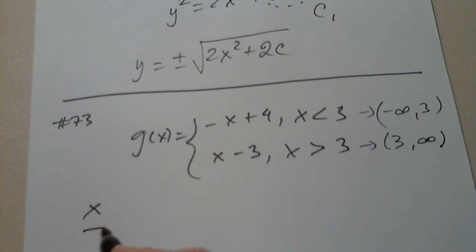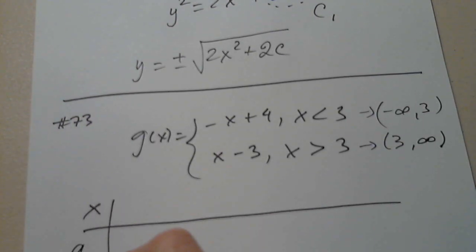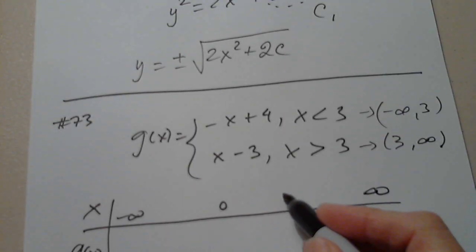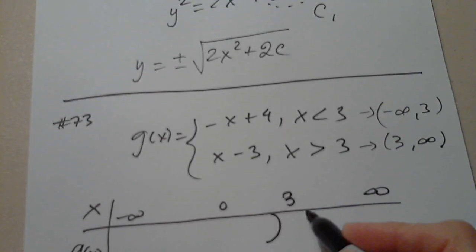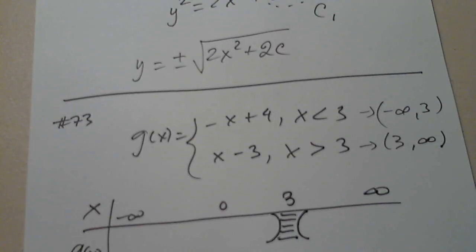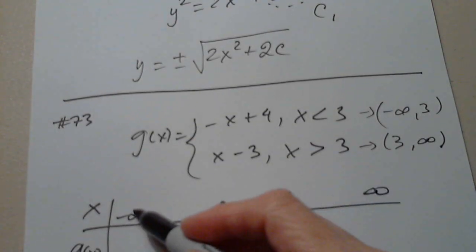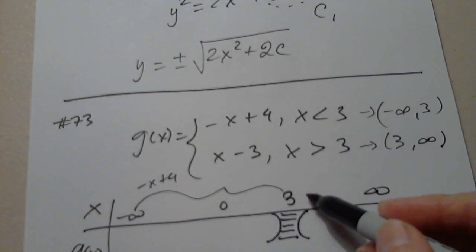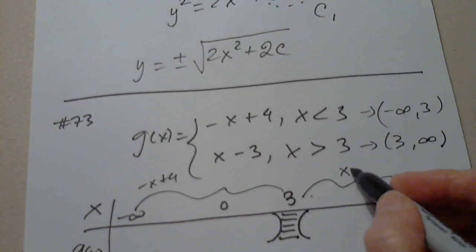So when I create the table, I have to have 0 in the table always, and 3, and you will have this, and nothing under 3. Okay? So from negative infinity to 3, we will have to use negative x plus 4. From 3 to infinity, we have to use x minus 3.